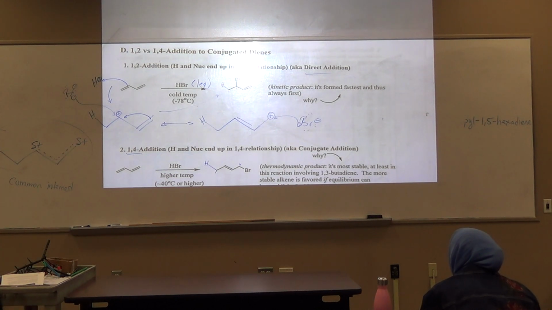In both cases, that's what's formed first. The only difference is, if you keep it cold, the Br minus attacks here. If you warm it up, the Br minus ends up bonded over there. Okay? Why?